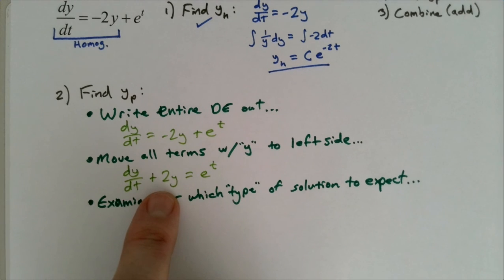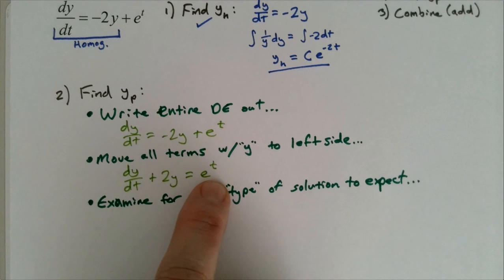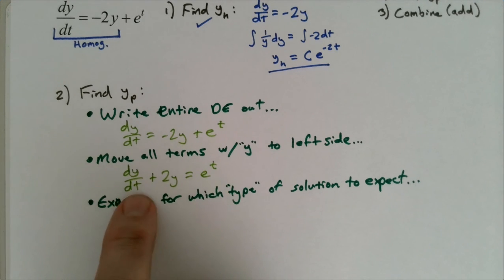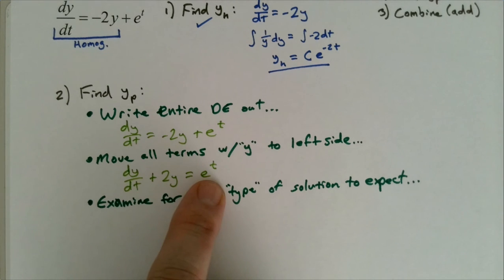Take a look at this equation. This is saying, literally, take the derivative of a solution, add it to 2 times that solution, and what you get is e to the t. So any solution for this differential equation must be its derivative added to 2 times itself equals e to the t.